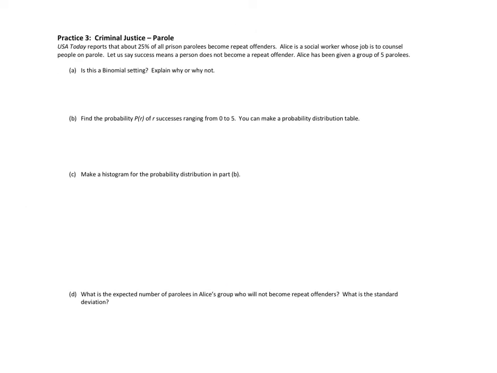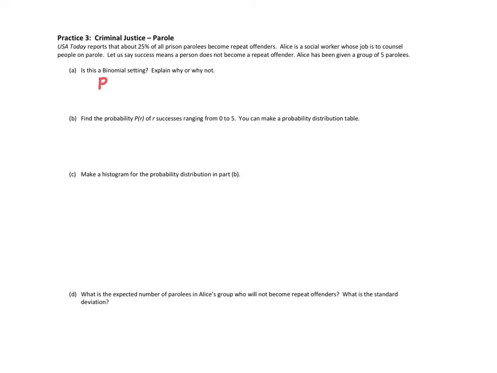Okay, how about this problem? USA Today reports that about 25% of all prison parolees become repeat offenders. Alice is a social worker whose job is to counsel people on parole. Let's say a success means a person does not become a repeat offender, so that's a 75% chance. Alice has a group of 5 parolees. Is this a binomial setting?